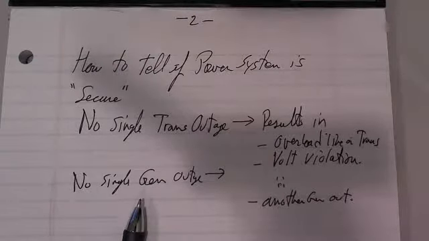If you don't have enough generation and you lose a generator, all the other generators are going to try to make up for it. We'll get to that in our study of generator frequency control.